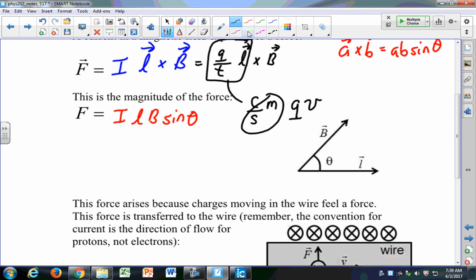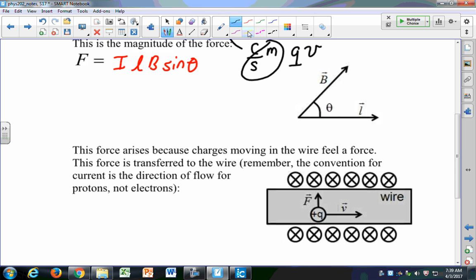And it's a very similar thing, because you have these charges that are in a wire, and they're constrained to the wire. They can't move around in free space. They have to stay in the wire, but they still feel a force in the same way as our free particle did. So here I have my positive particle. It's moving through a wire with a certain speed, which we characterize by our current, right?